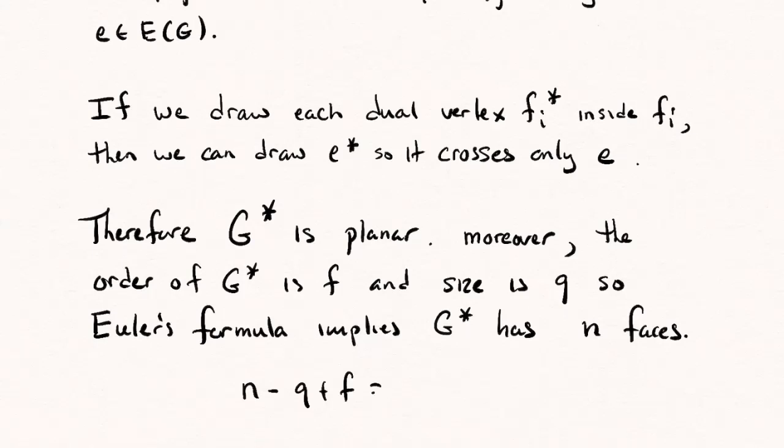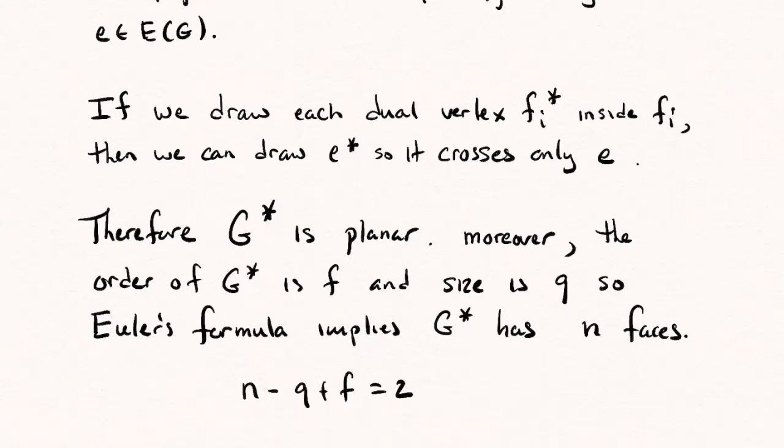And in this formula, what I'm saying is that the order of G star is f and its size is q. So this number necessarily is the number of faces in G star because it's a planar graph. Okay, so you can think about the dual. It has the same size, and the order and the number of faces have interchanged.